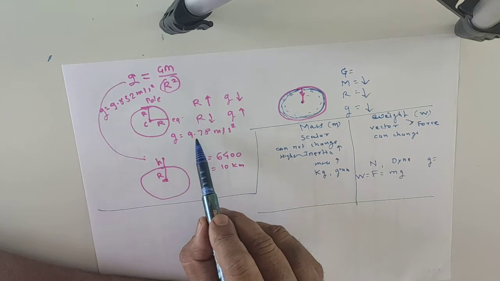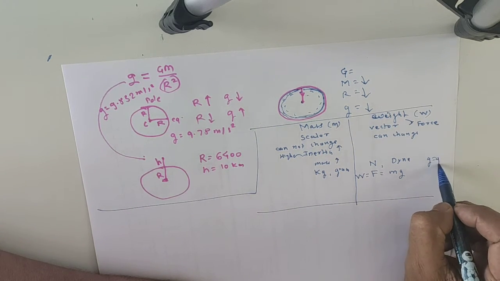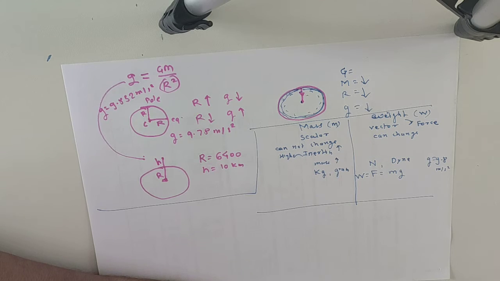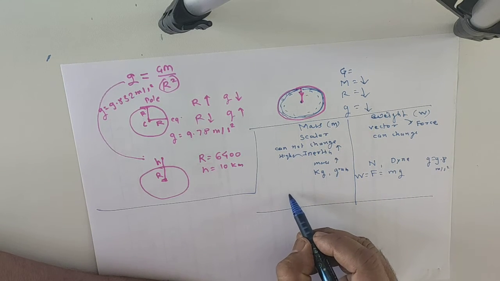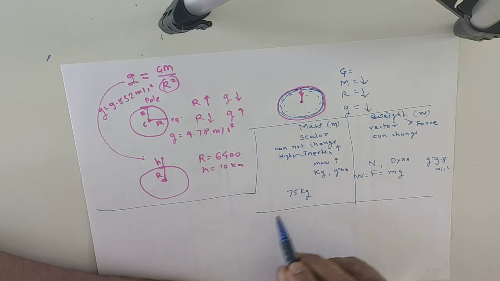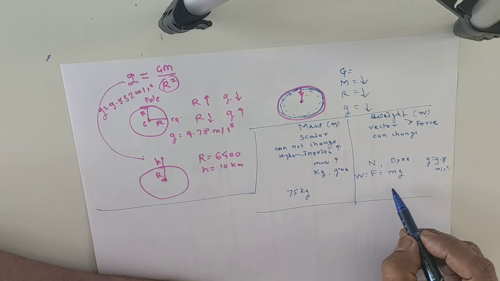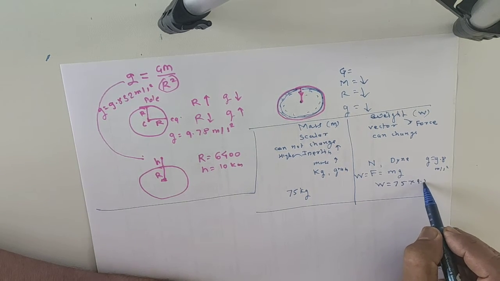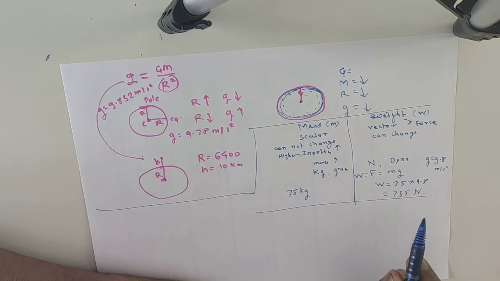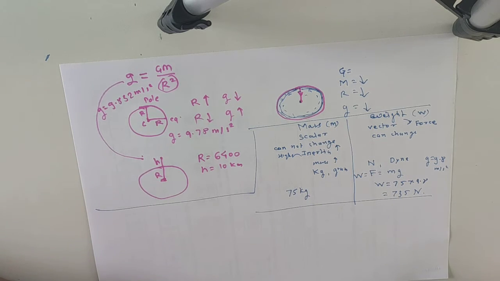We consider G as 9.8 meter per second square. Then by calculation we can calculate it. Suppose the mass of one object is 75 kilogram. Then the weight of that object is 75 into 9.8, that is 735 Newton. This is the difference between mass and weight.